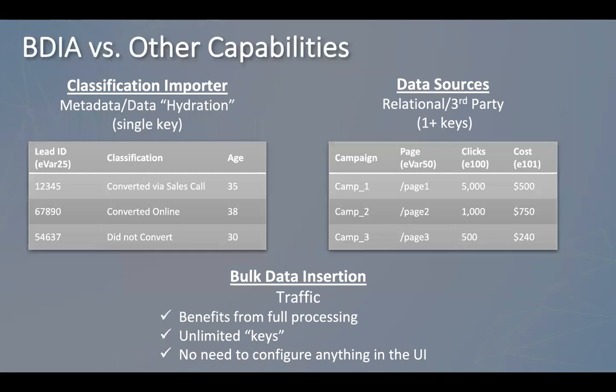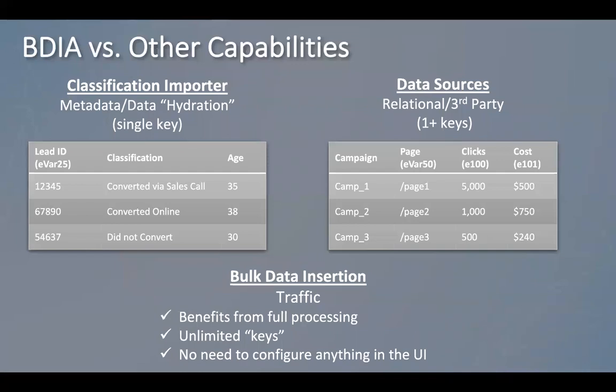So how does this compare to some of the other capabilities within Adobe Analytics? It's actually great timing because I know there have been webinars recently on both classification importer as well as the data sources API. The way that I look at it is that the classification importer is really a single key.